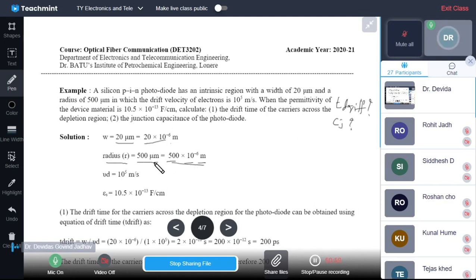Vd, the drift velocity of electron, is 10 raised to 5 meter per second.